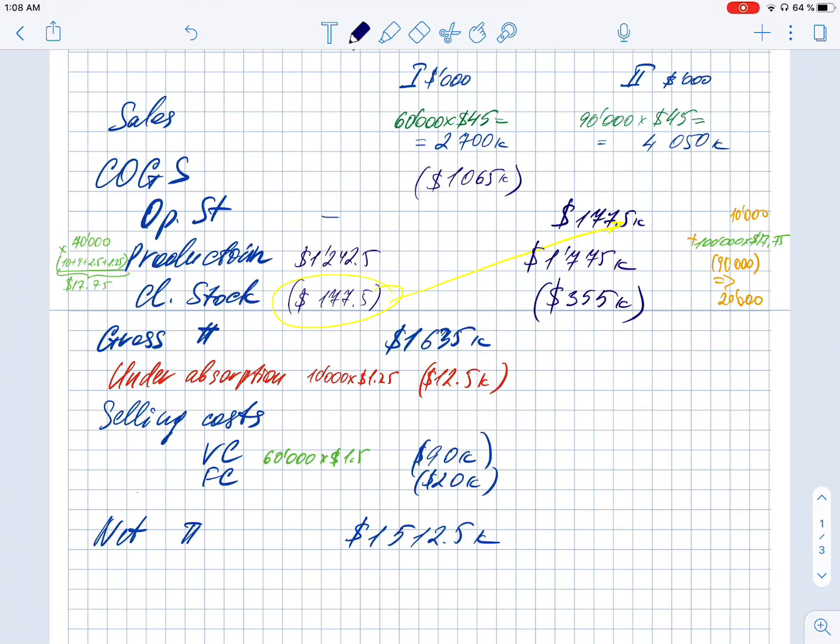And we can calculate cost of goods sold. So we have to sum up opening stock, cost of production, and deduct closing stock.